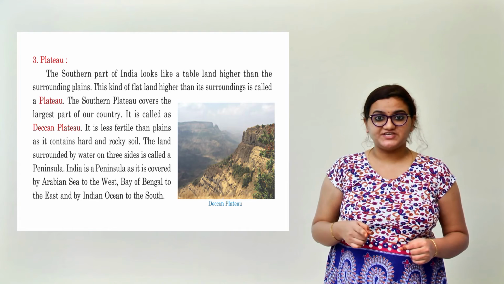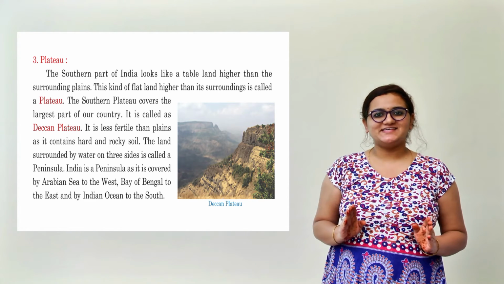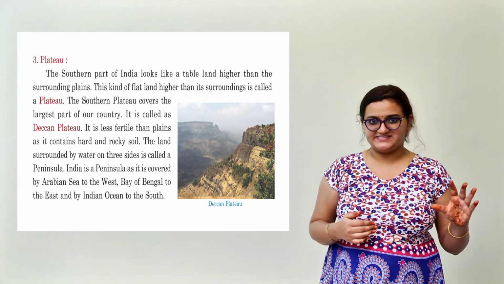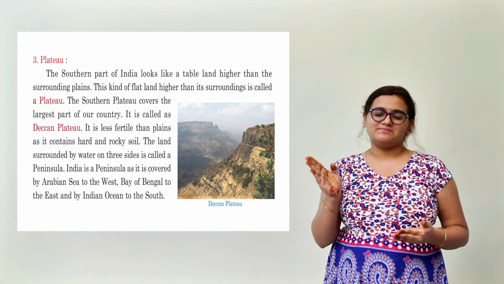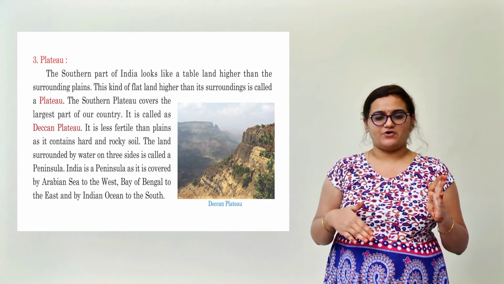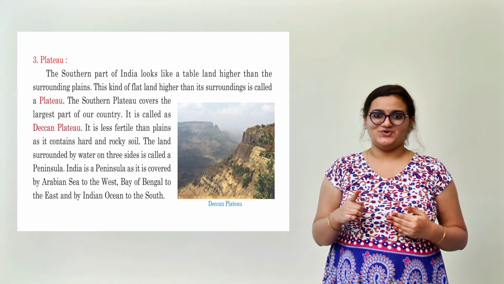Now open the map, children, which is in the first page of your lesson. You can see that in the west our country is surrounded by the Arabian Sea, in the south by the Indian Ocean, and on the east by the Bay of Bengal. So on three sides our country is surrounded by water, and hence this makes our country a peninsular country.